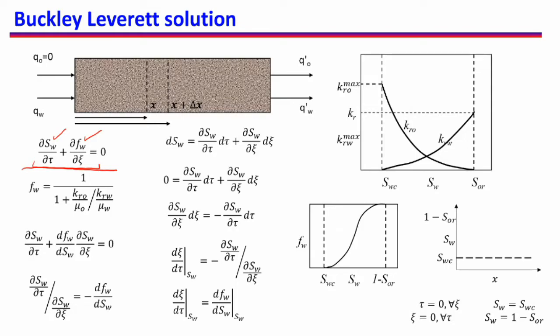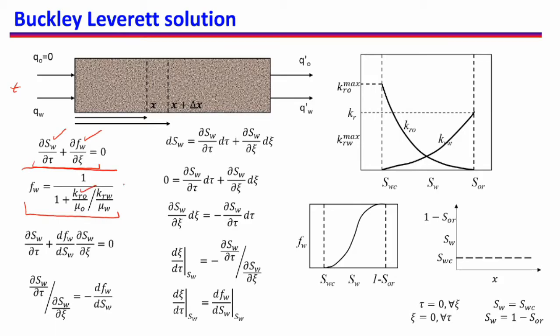In the figure here I am still showing x and I will still use time when I am describing this, because we want physical meaning out of the figure. So the fractional flow curve, we also now know, is given by this equation if we ignore capillary pressure and gravity.